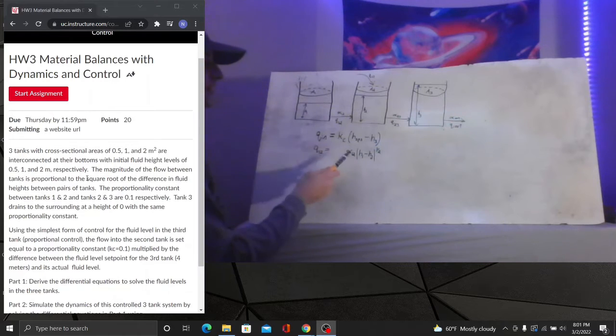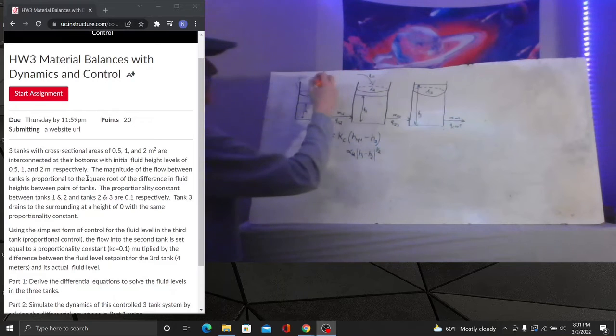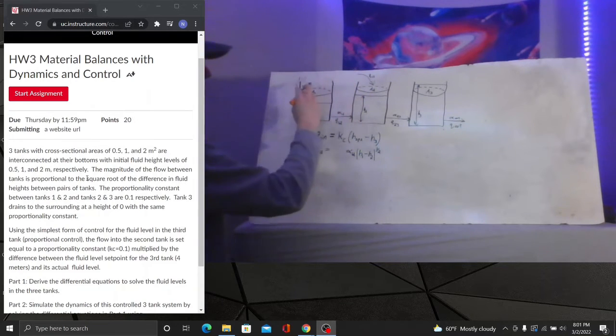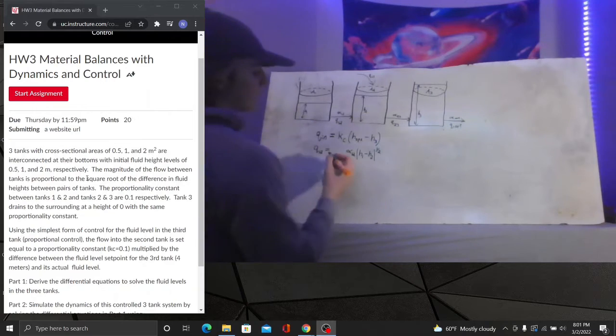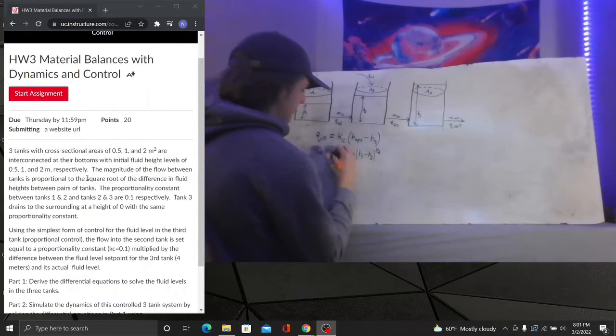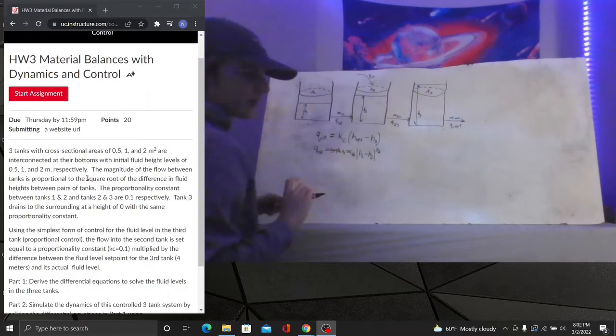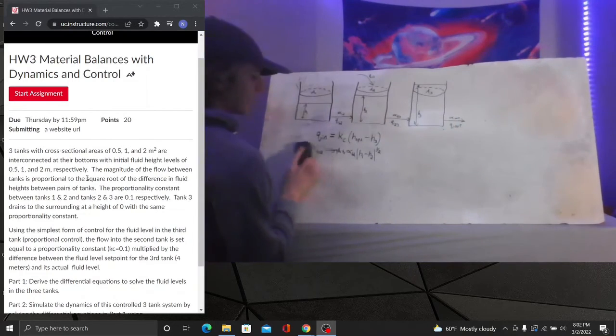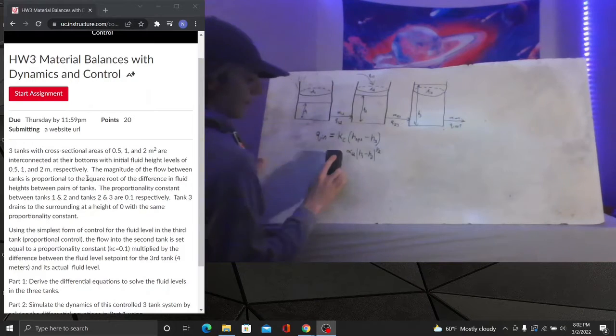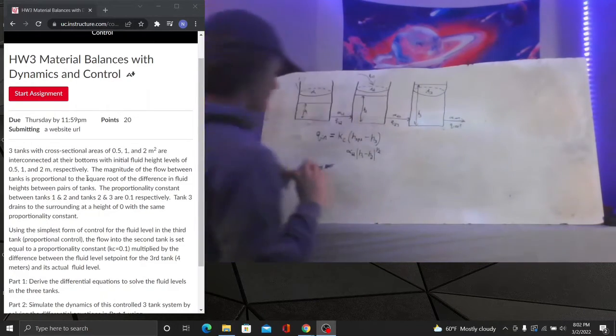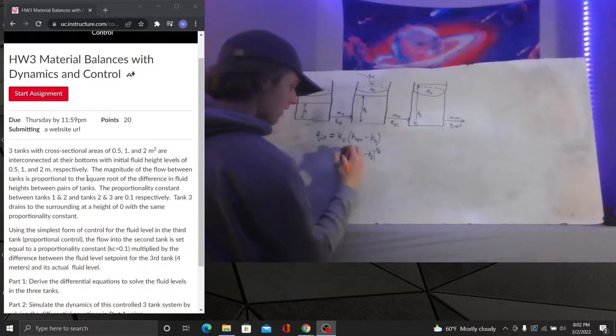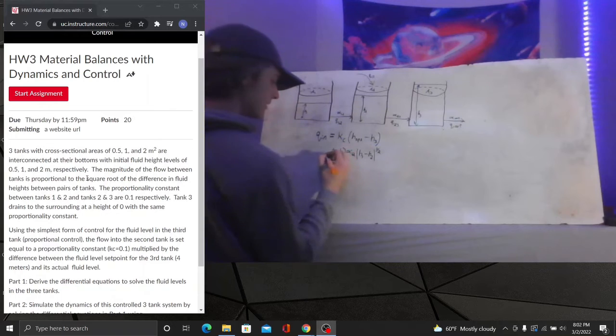But now since we have done that, then our flow, we won't know if it'll be going in the positive direction or the negative direction. So to figure that out, we're going to just get the sign of our h1 minus h2.